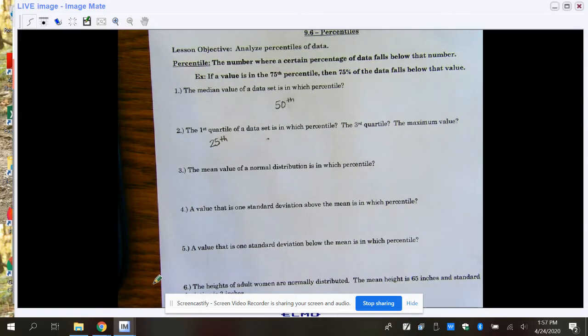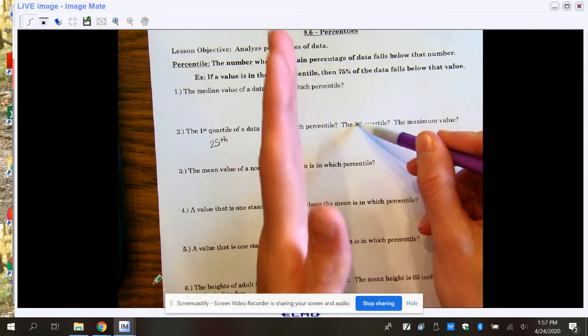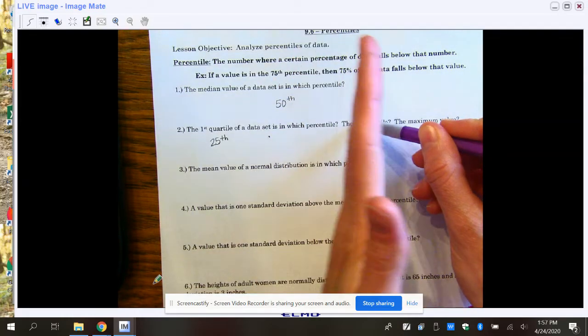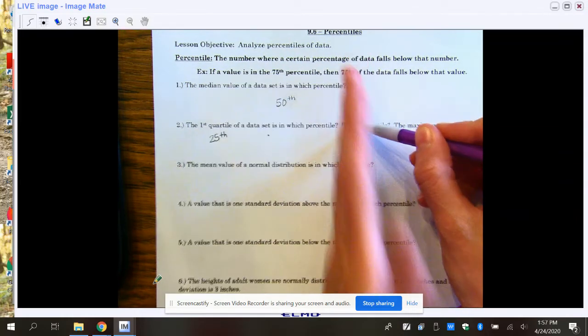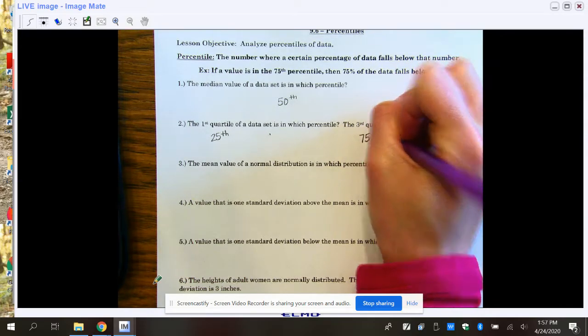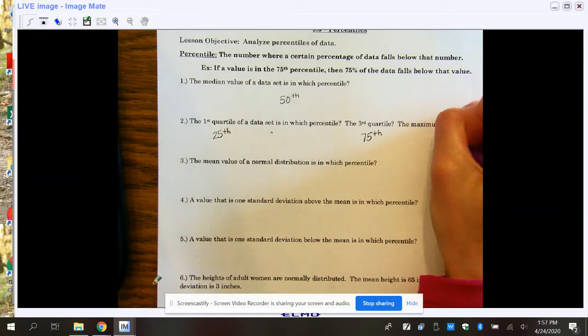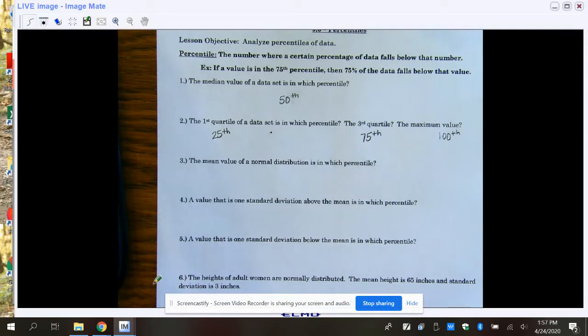So your first quartile value is going to be higher than 25% of your data. So the third quartile, if you go 50 and then you split your upper half in half, that's going to be the 75th percentile. And then that maximum value, well, if that's the highest value, that means that value is higher than every single other value. So that's going to be the 100th percentile.